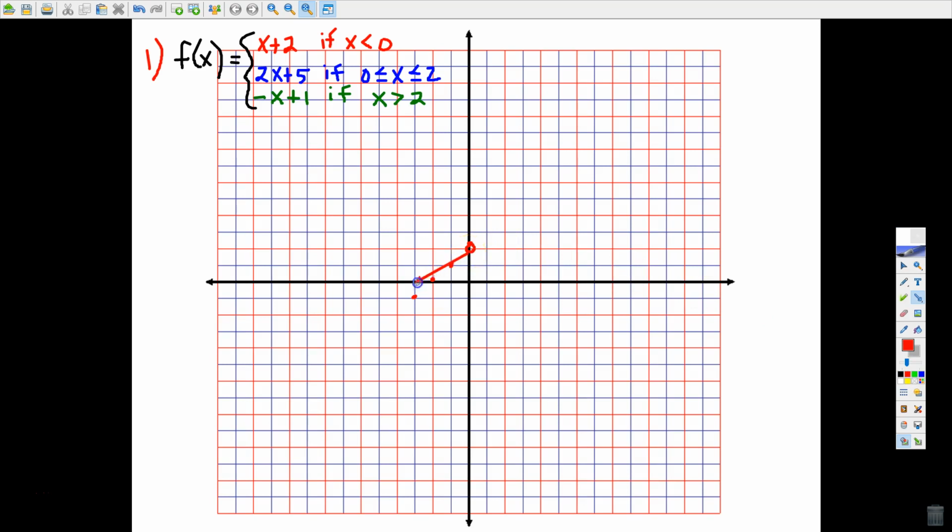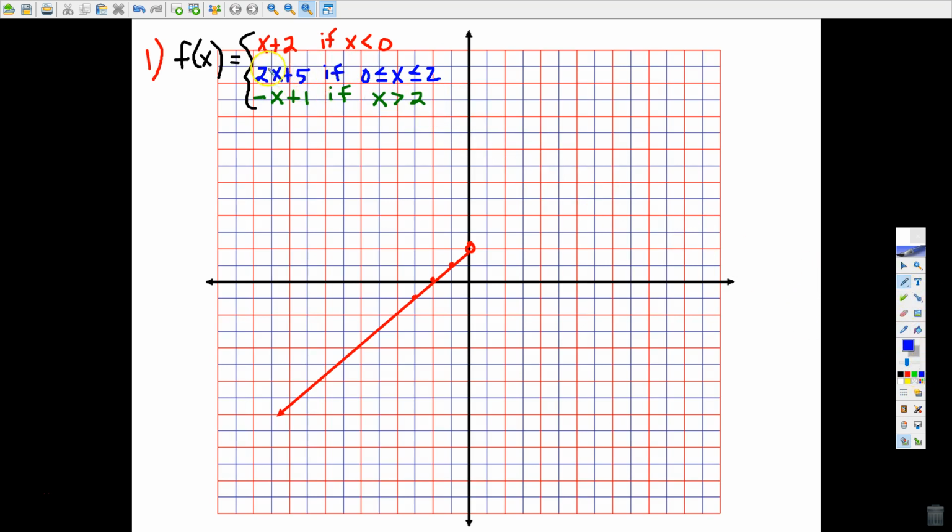From this open circle, through those lines we've drawn, and then just extend it out. And there's the line f of x is x plus 2, but only for x values that are less than 0.